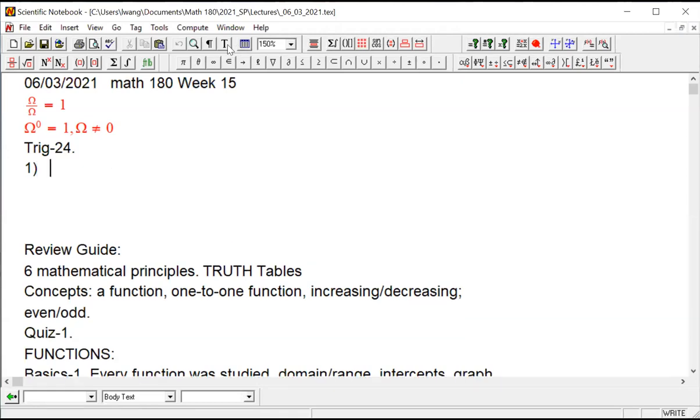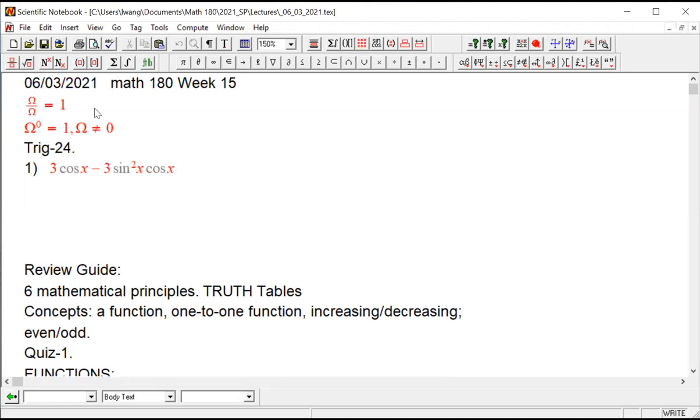All right, we got 3 cosine x minus 3 times sine square x multiply cosine x, right? I know how I got these questions. I basically went into the calculus textbook, took the specific questions, and took the derivative, right?